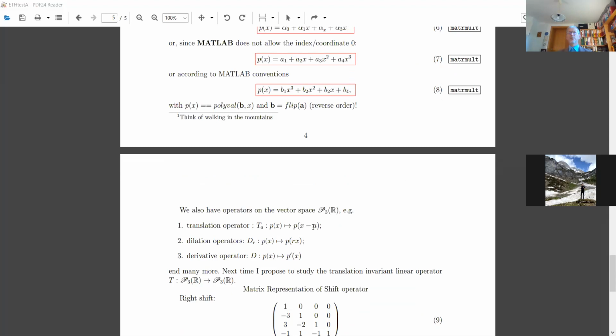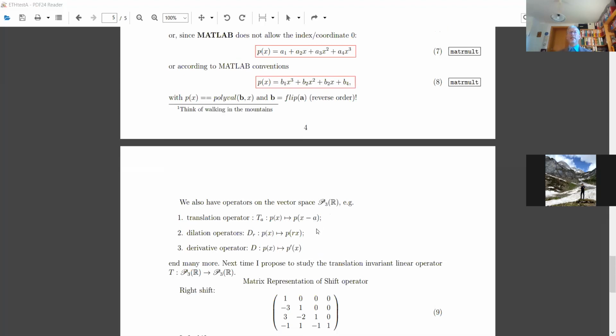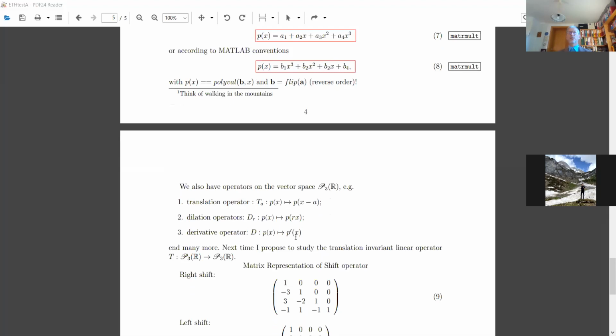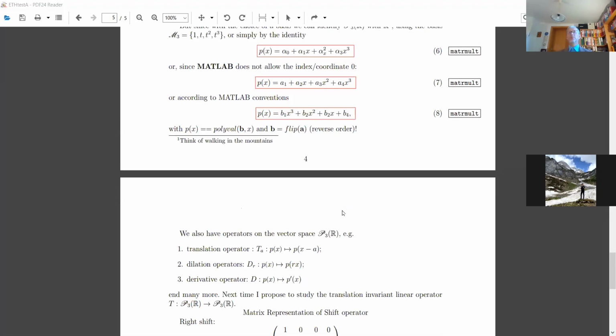We have seen that if you take x plus 5, you shift the argument 5 positions to the left. We can do dilations, we can do a derivative, we can combine them, we can do higher order derivatives and so on.